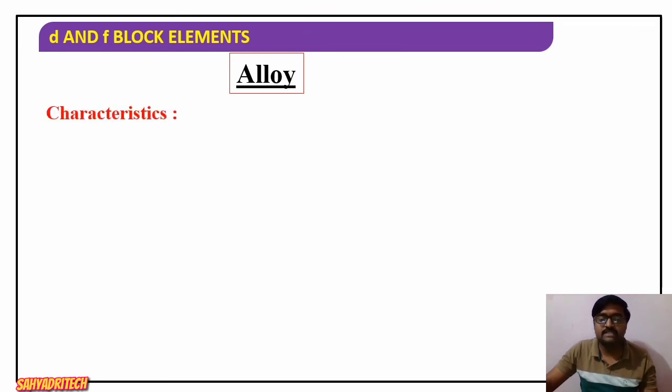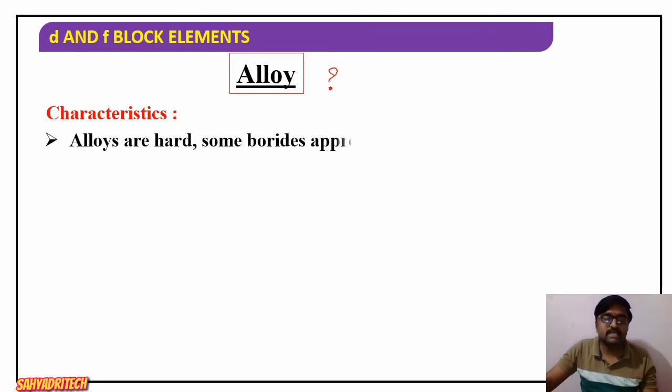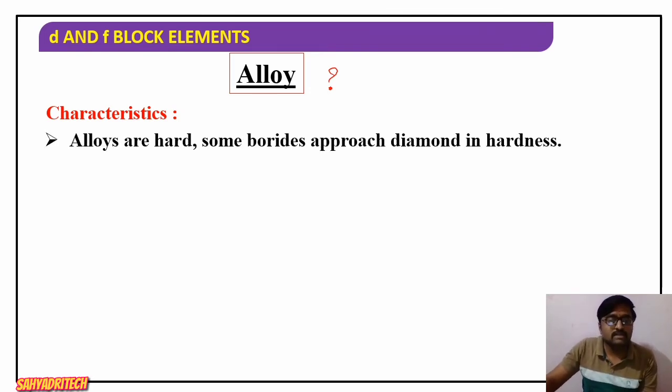Now if you consider the characteristics of an alloy, why do we have to go for the preparation of an alloy? Knowing the wide applications of metals, why do we go for the preparation of alloys? We look for the characteristics so that we understand the importance of an alloy. The first characteristic of alloys is that they are very hard. If you consider physical state or strength, in comparison with metals, alloys are very hard substances.